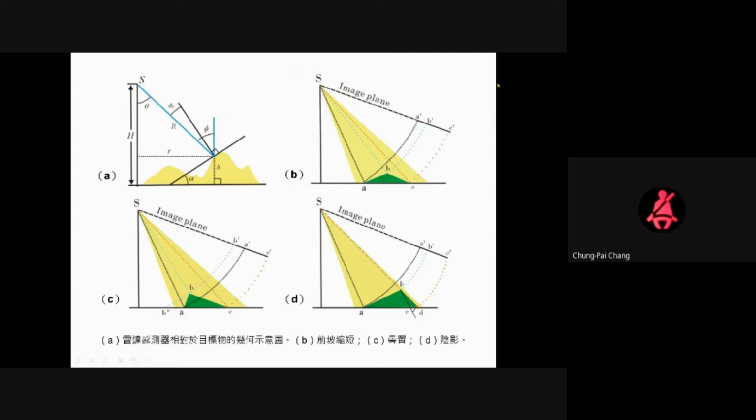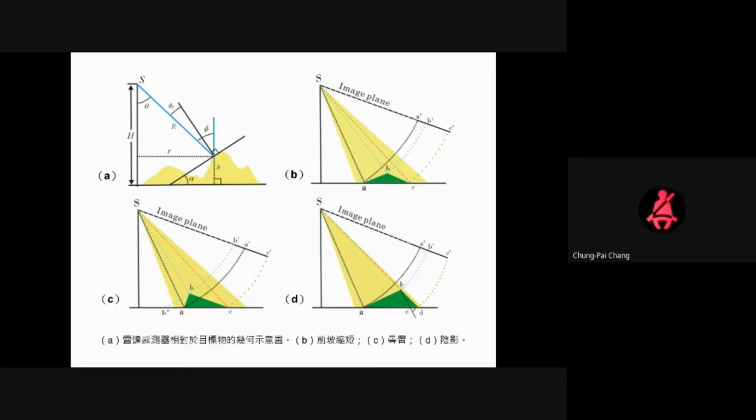So this is a symmetric mountain, and A returns to the sensor, to the satellite, as A prime. At B, this signal returns to the sensor as B prime, and C here. So even though in geometry it's symmetric, along the time it is not.